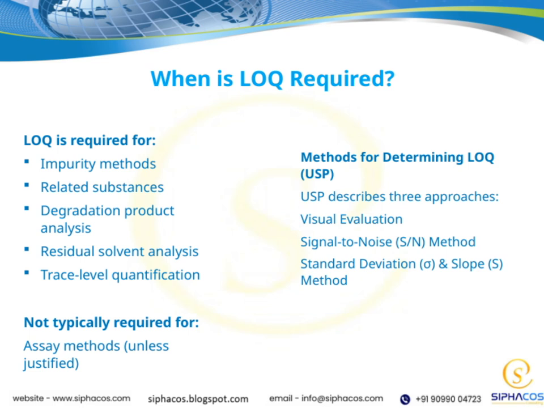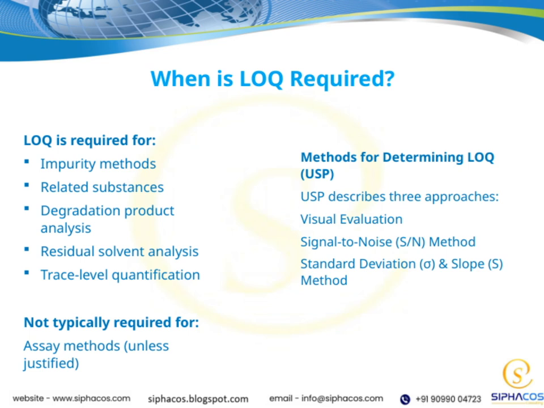Then there's the signal-to-noise, or S/N method, which involves measuring the ratio of the signal from the analyte to the background noise. Typically, a ratio of 10:1 is considered acceptable for LOQ. Lastly, we have the standard deviation and slope method, which uses statistical calculations based on multiple measurements to determine the LOQ more precisely.